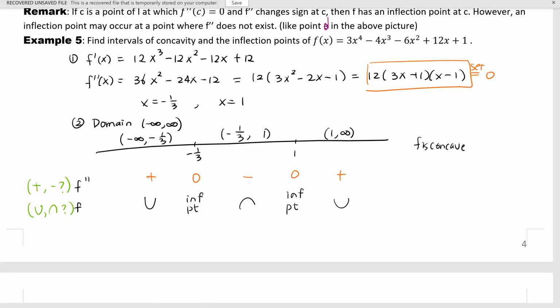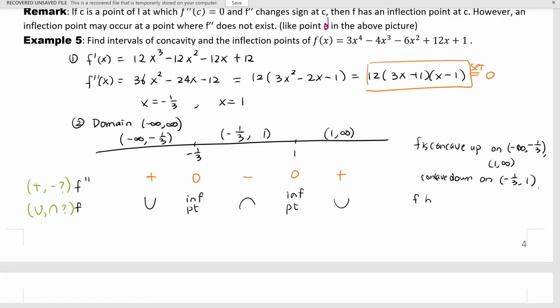So f is concave up on the interval minus infinity to -1/3 and 1 to infinity, and f is concave down on the interval -1/3 to 1.